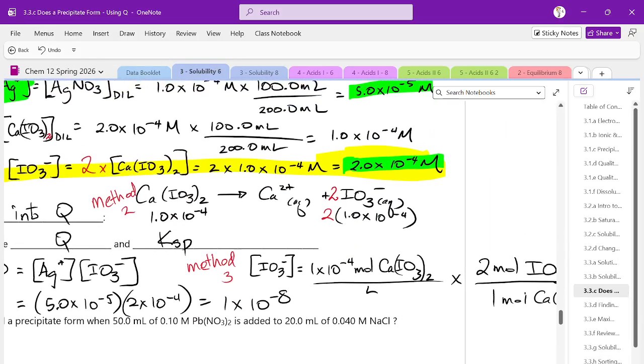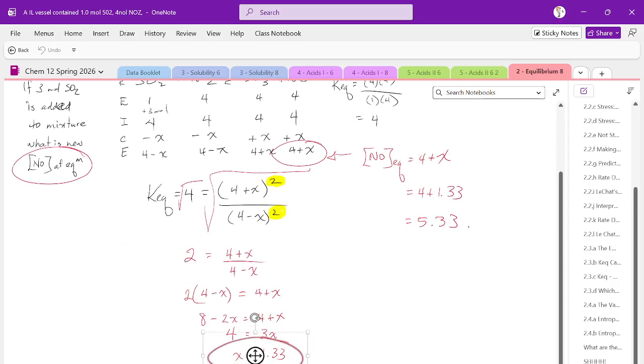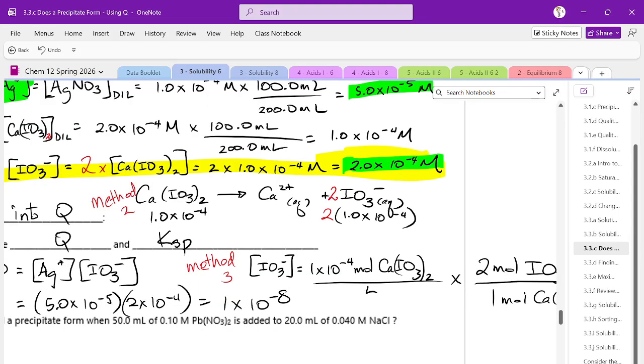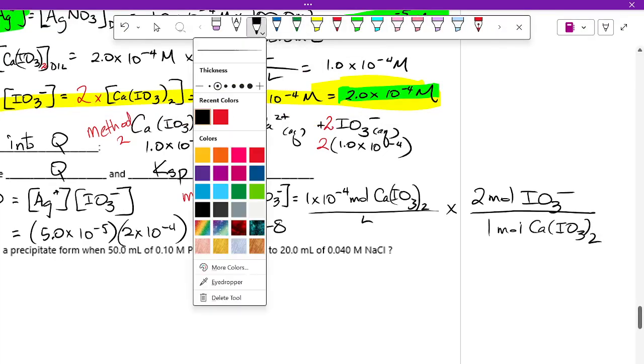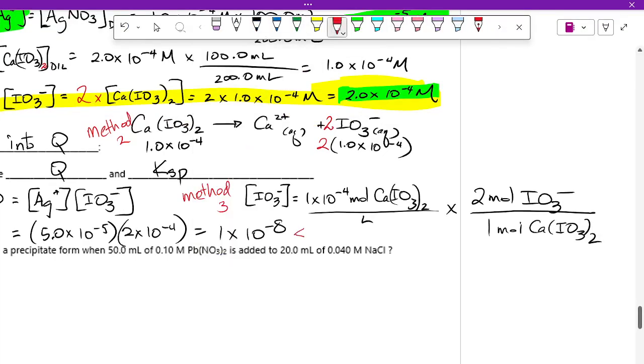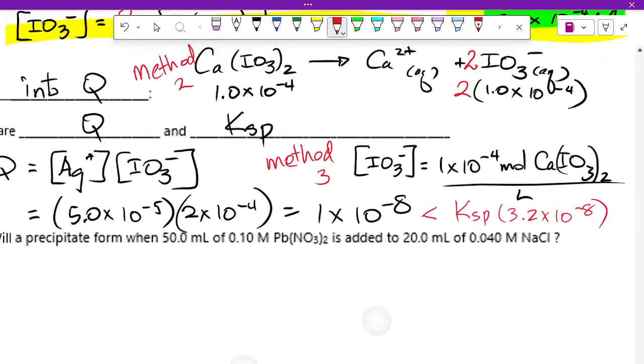So this is less than KSP, 3.2 times 10 to the minus 8. And therefore, what happens? Therefore, no precipitate forms.